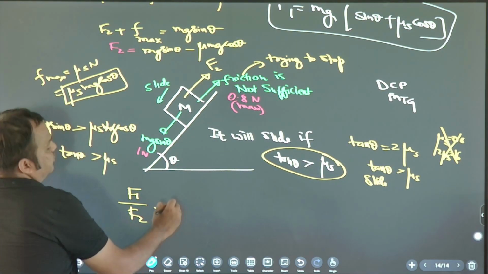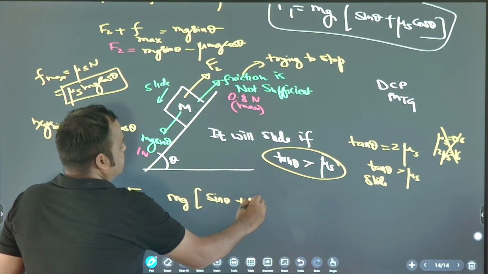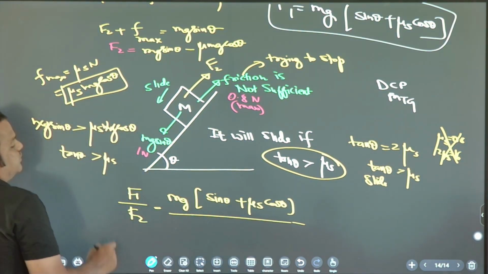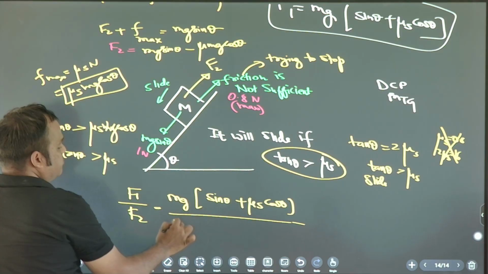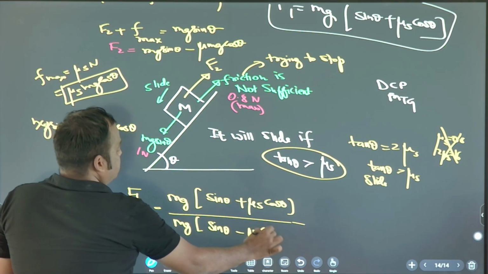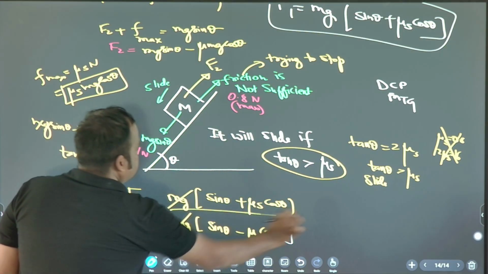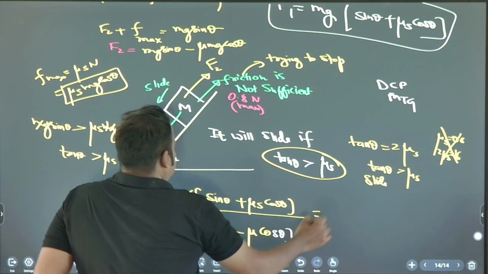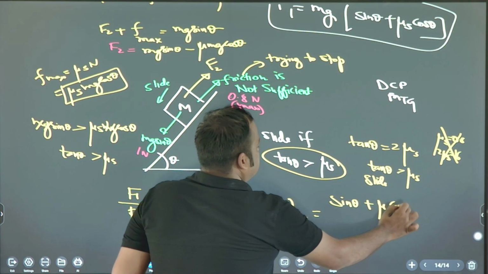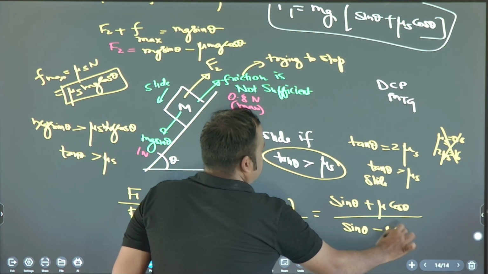So F1 by F2 is mg into sin theta plus mu s cos theta, divided by F2. Take mg common: sin theta minus mu cos theta. So mg cancels, correct? You have sin theta plus mu cos theta divided by sin theta minus mu cos theta.